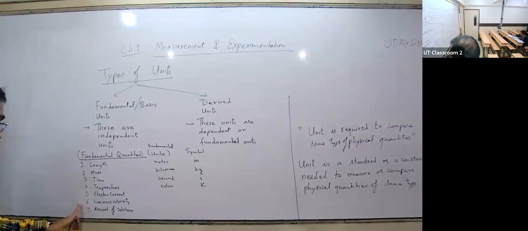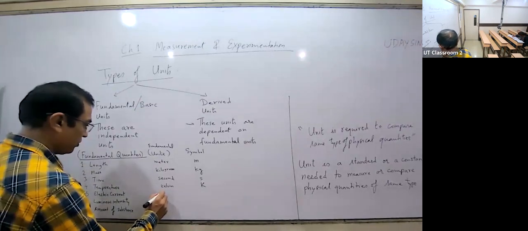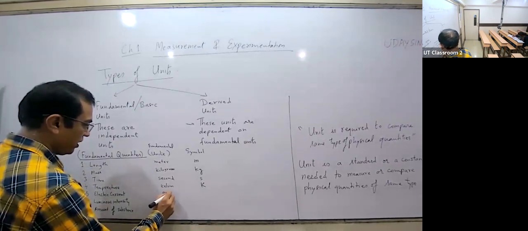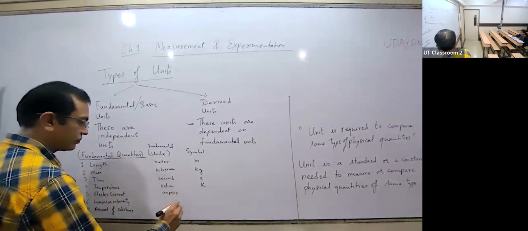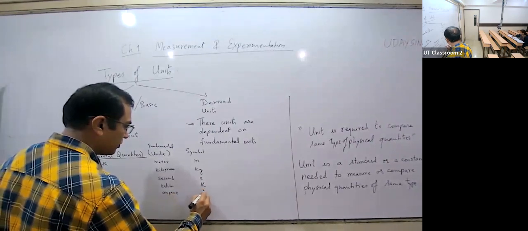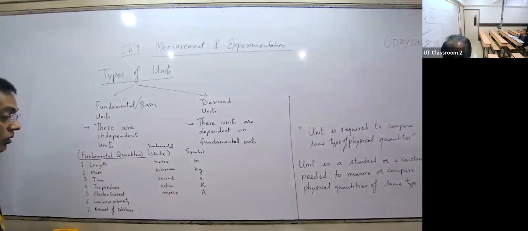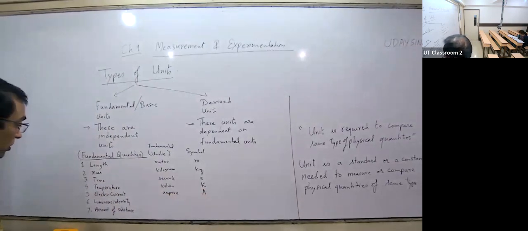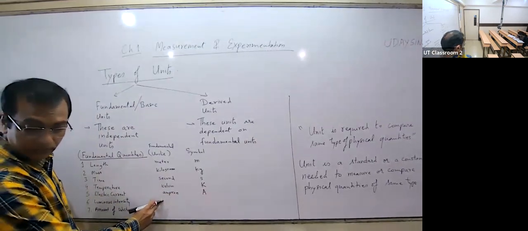So that is temperature. What about electric current? Ampere. Very good. Ampere is also a name. Therefore, what is the capital A? Okay. Luminous intensity. What is the unit of luminous intensity?